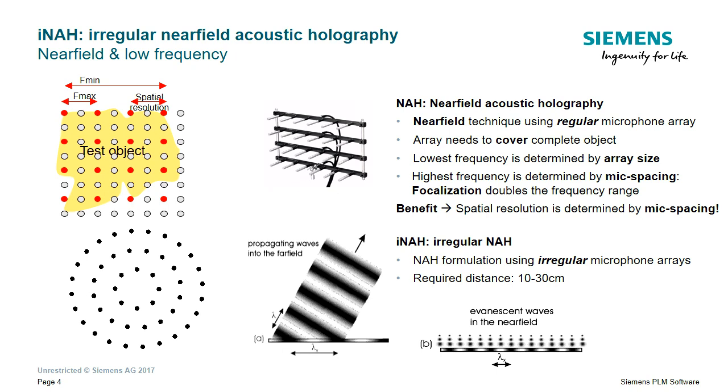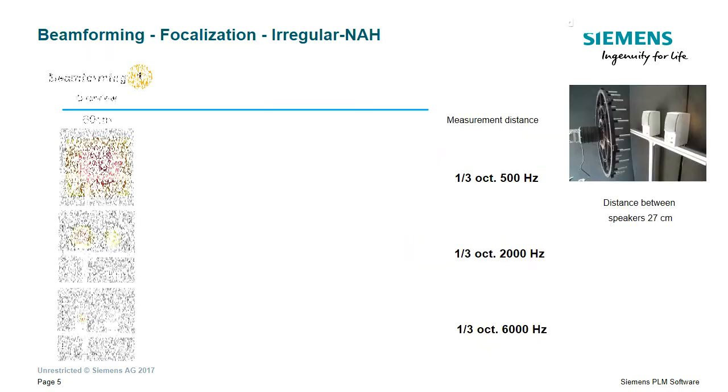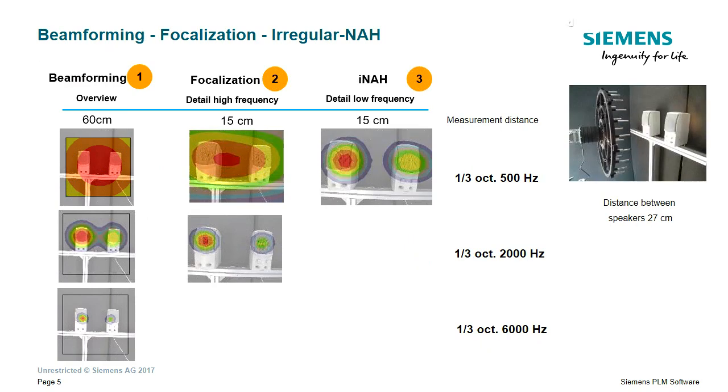By using this formulation, which we call irregular near-field acoustic holography, we can apply it on the same measurements we already did with beamforming in the near field. And that results in a third method that we can use together with the beamforming and the focalization that I already discussed.